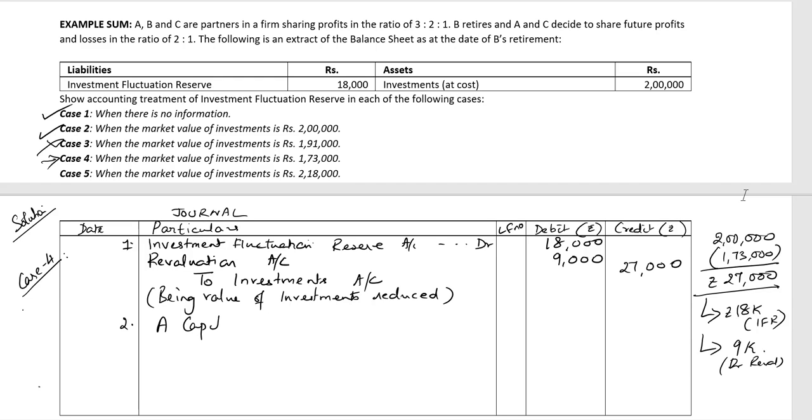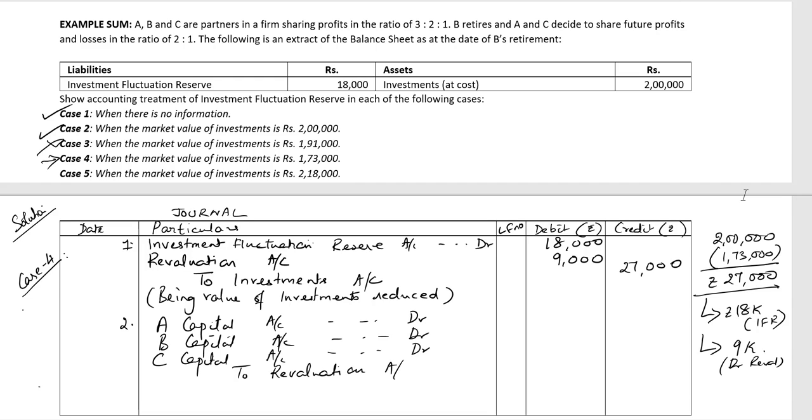A capital account debit, B capital account debit, C capital account debit, to revaluation account. The loss on revaluation 9,000 rupees, to be divided among all partners in OPSR 3:2:1.